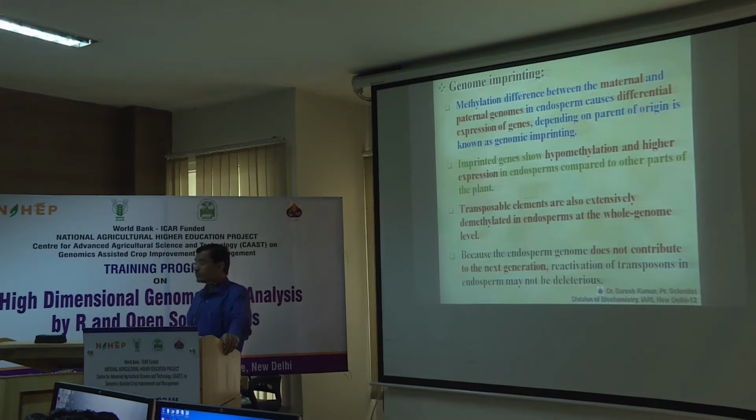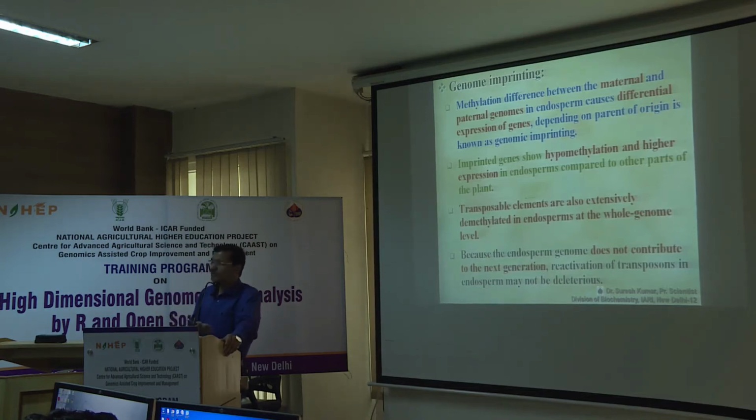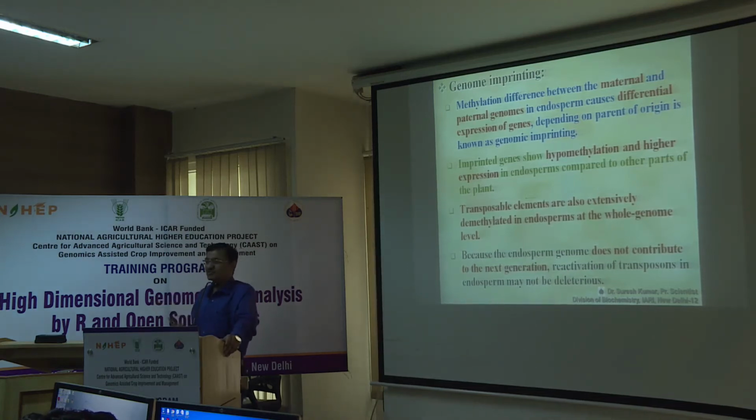And you also know that some genome has been suppressed by methylation, but the endosperm is not going to contribute to the next generation. So, whether it is silenced or not, it is not going to matter for the next generation. Whatever genetic material is going to the next generation is not affected by methylation or demethylation.